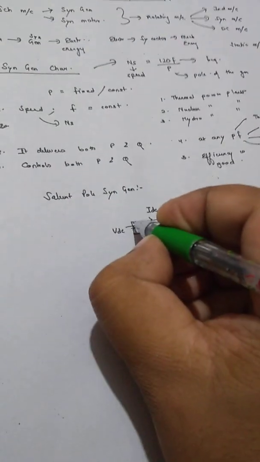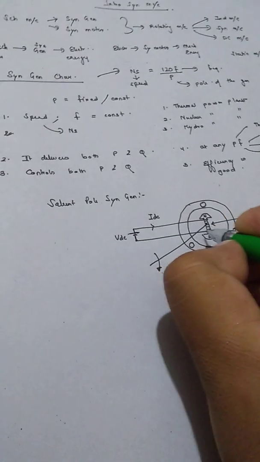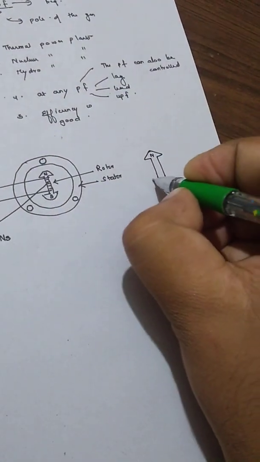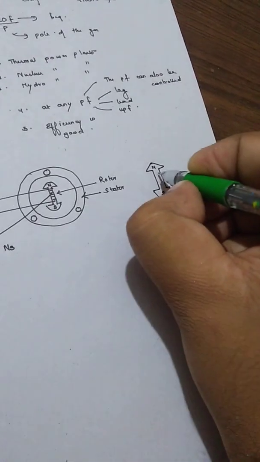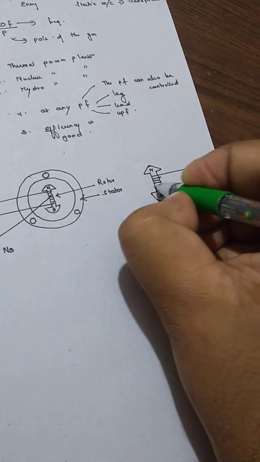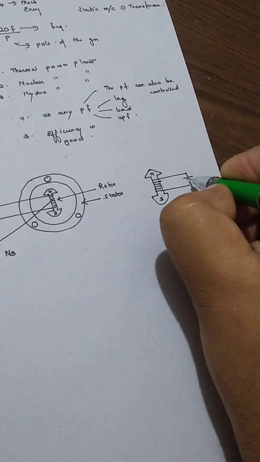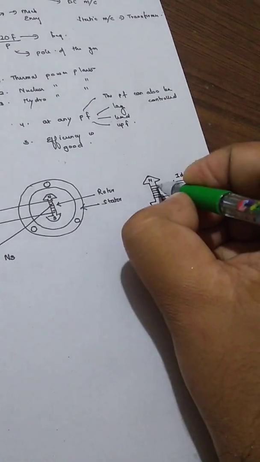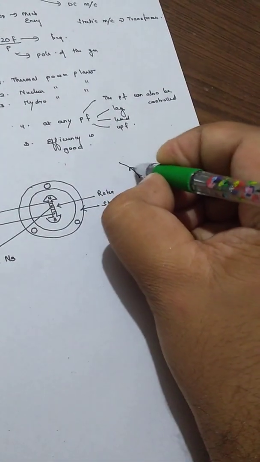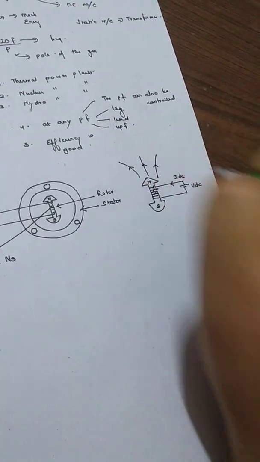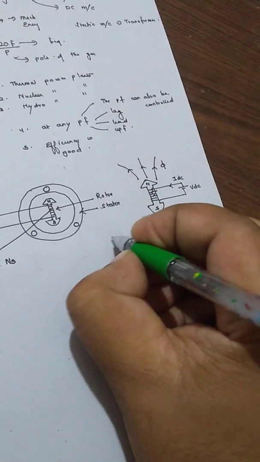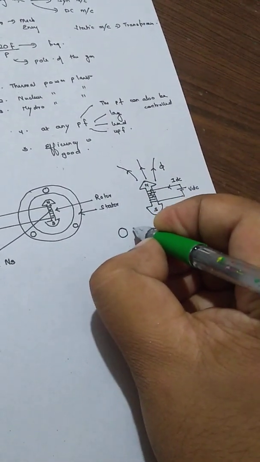Now, when we excite the rotor through a DC source, let me draw here north, south. When we excite the rotor with a DC source, current will flow through the field winding and flux is generated. This is the armature conductor.